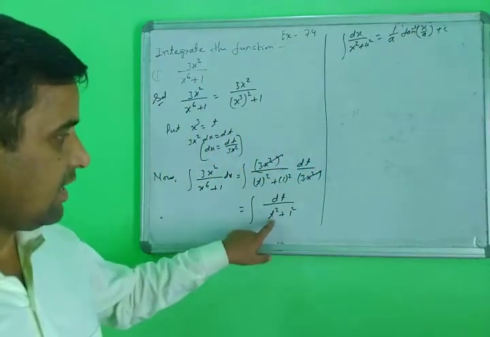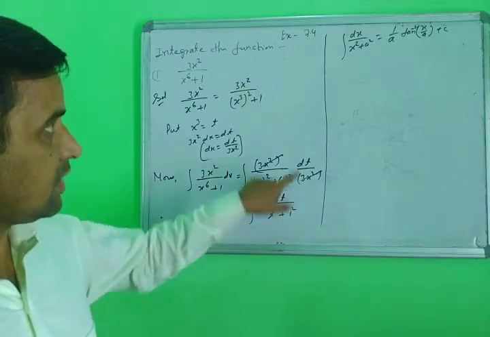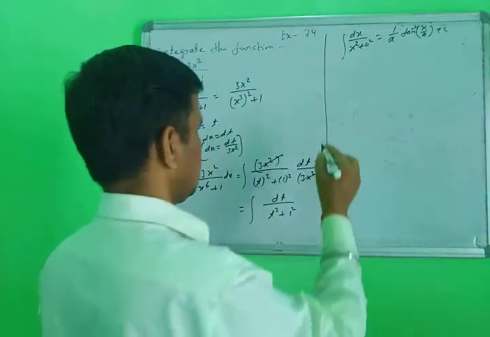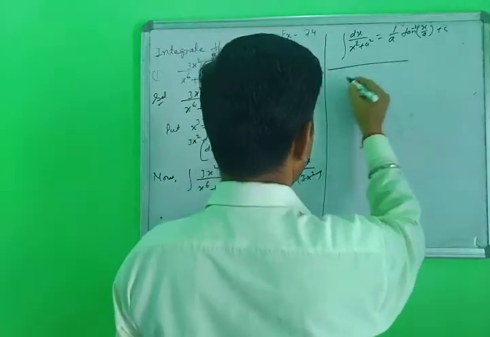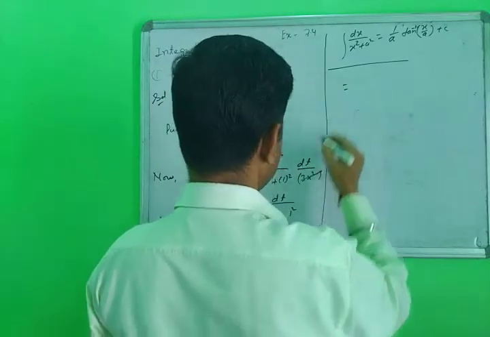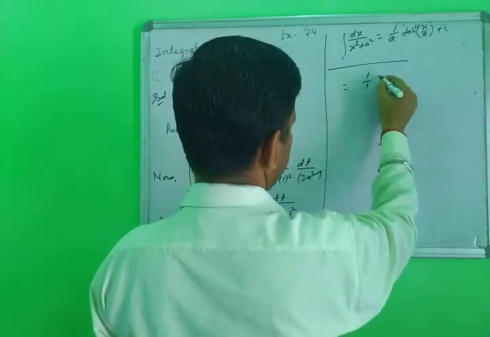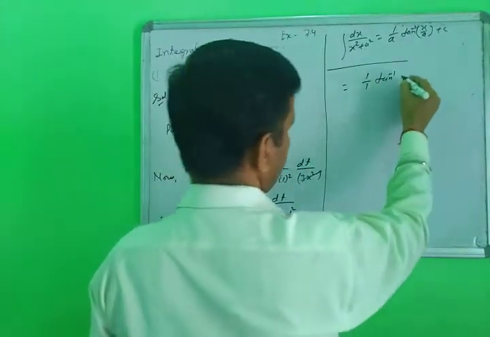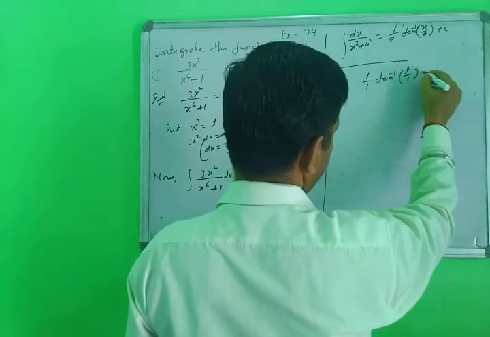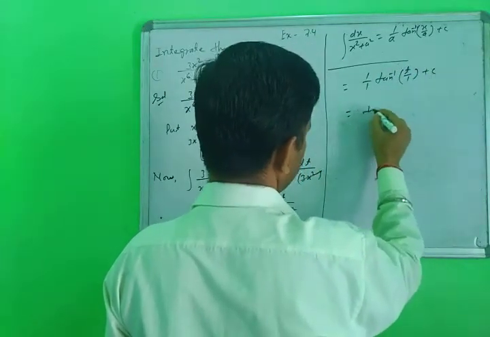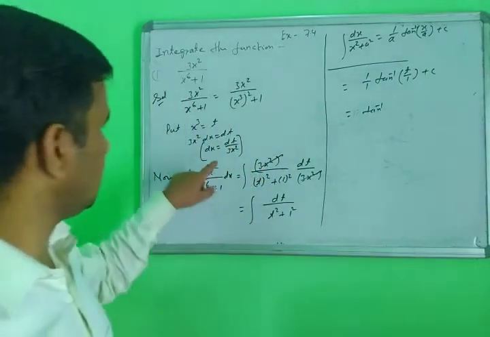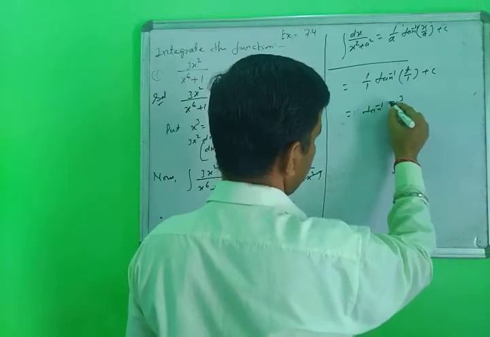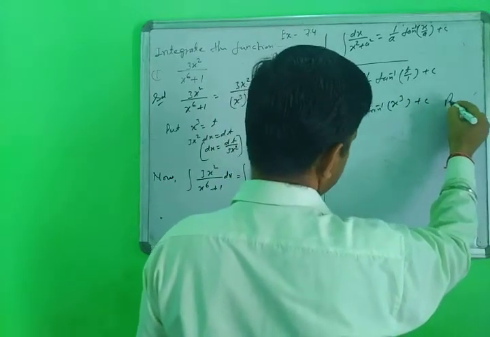Using this identity, dt over t square plus 1 square gives 1 upon 1 tan inverse t upon 1 plus c. 1 upon 1 is 1, tan inverse. What is the value of t here? t is x cube. Substitute this value, x cube, plus c. This is your answer.